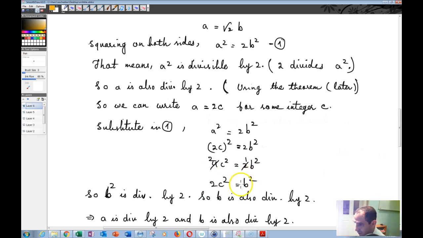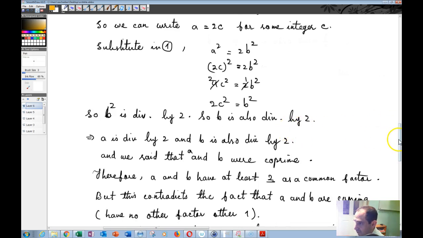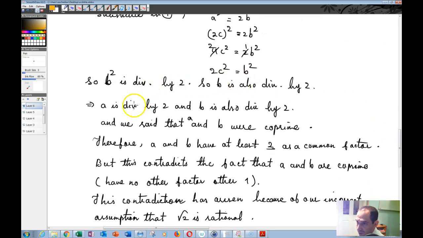So now we have established that 2 is a factor of A and also a factor of B. Okay? So A is divisible by 2 and also B is divisible by 2. But we said that A and B were co-prime, which is not possible.